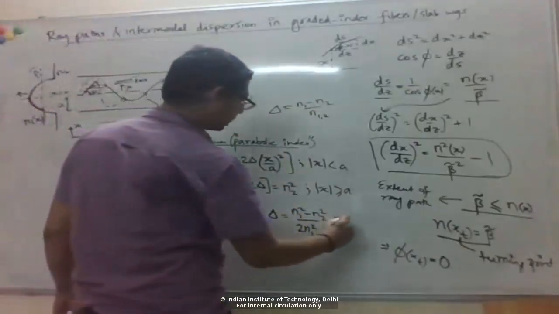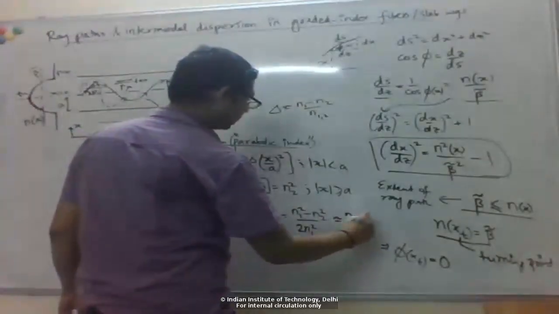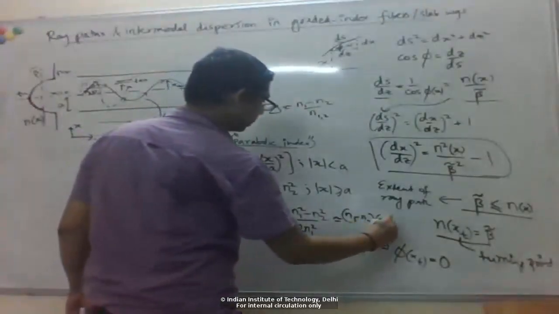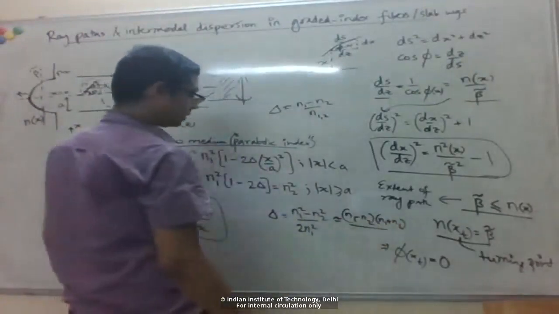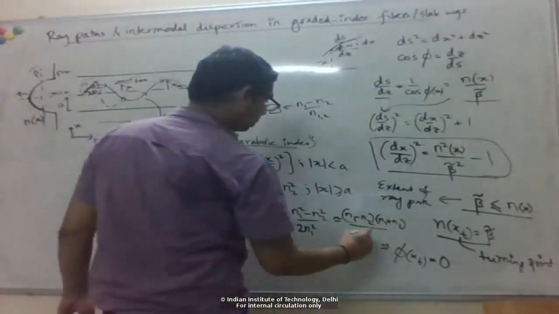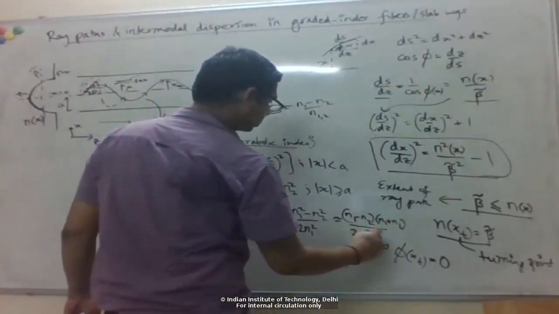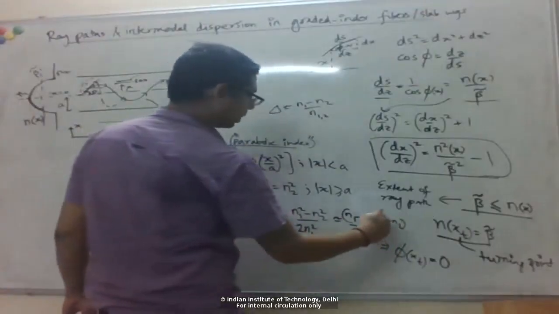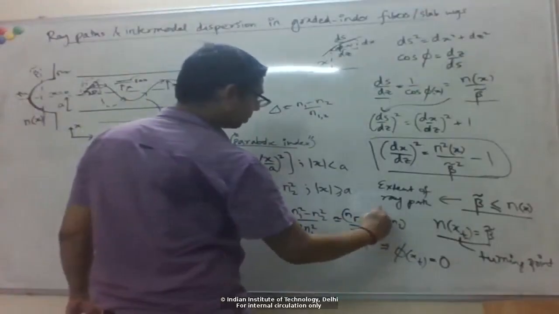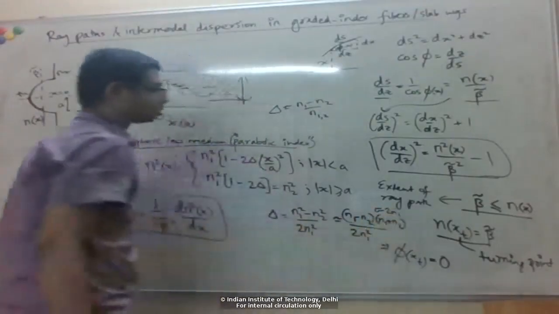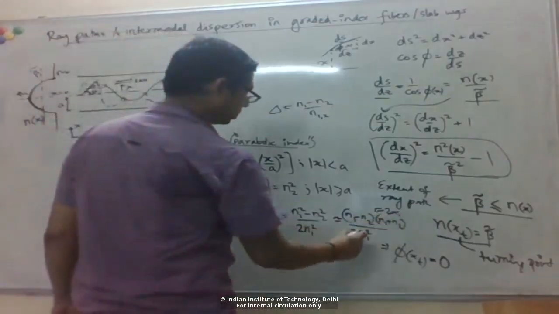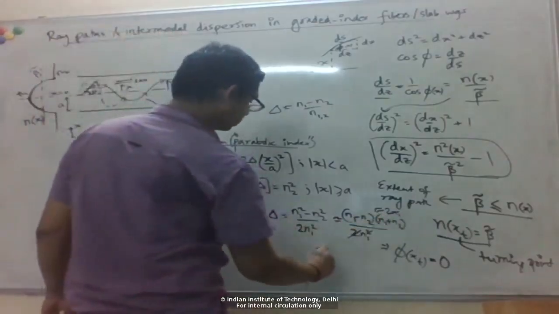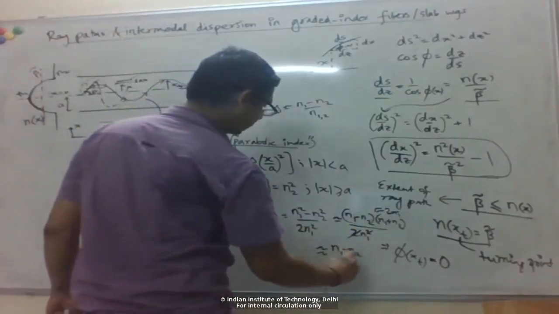I can write this as n1 minus n2 times n1 plus n2, and then n1 plus n2, if n1 and n2 are very close, I can approximate as 2 n1. That cancels out the denominator, so this roughly becomes n1 minus n2 over n1.